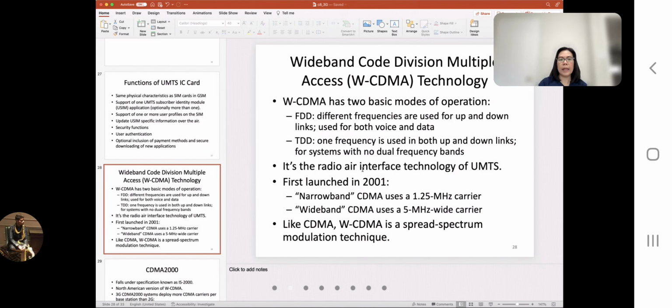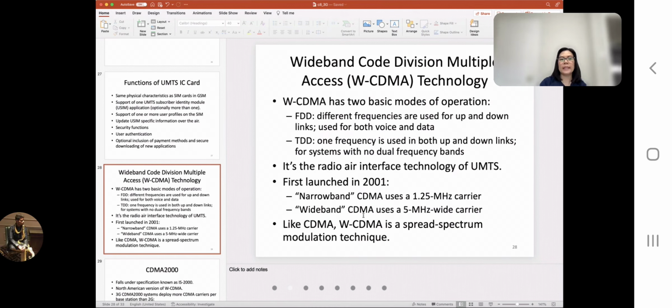And wideband CDMA is the air interface technology of UMTS. It was first launched in 2001, and what we learned last time, CDMA is narrowband CDMA, which uses a 1.25 megahertz carrier.